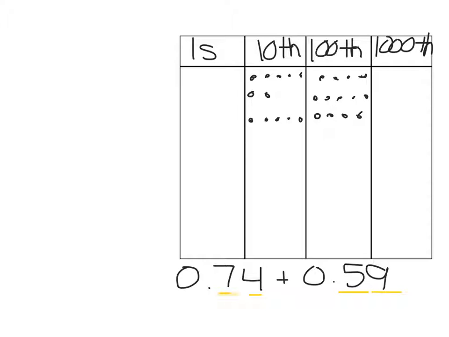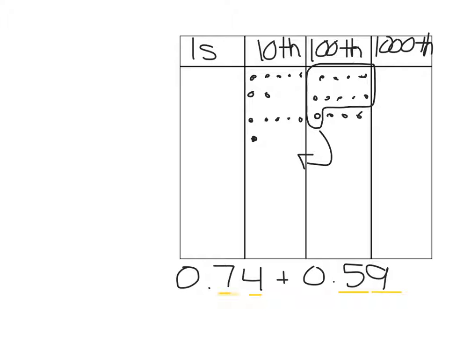So I have 13 hundredths. Now if I have 10 hundredths, I can bundle them and I can move them up to my tenths place. So I'm going to go ahead and bundle together 10 of these hundredths, and I'm going to move them on over here. And so 10 hundredths is equivalent to 1/10. And so I just added 1 more disc in my tenths place there.